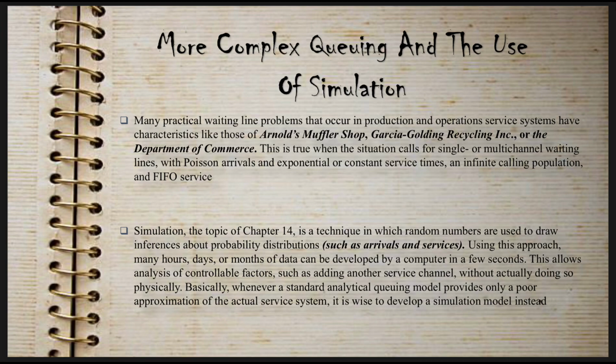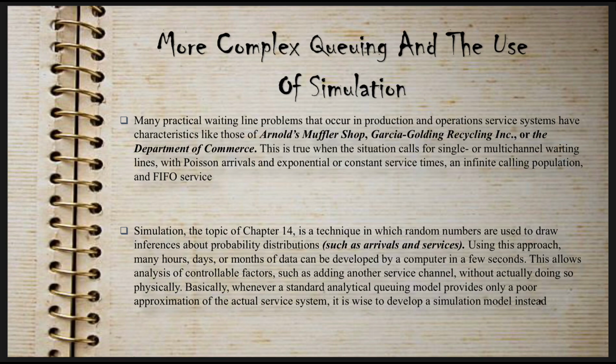Moving on to simulation. Using the approach of probability distributions such as arrivals and services, many hours, days, or months of data can be developed by a computer in a few seconds.